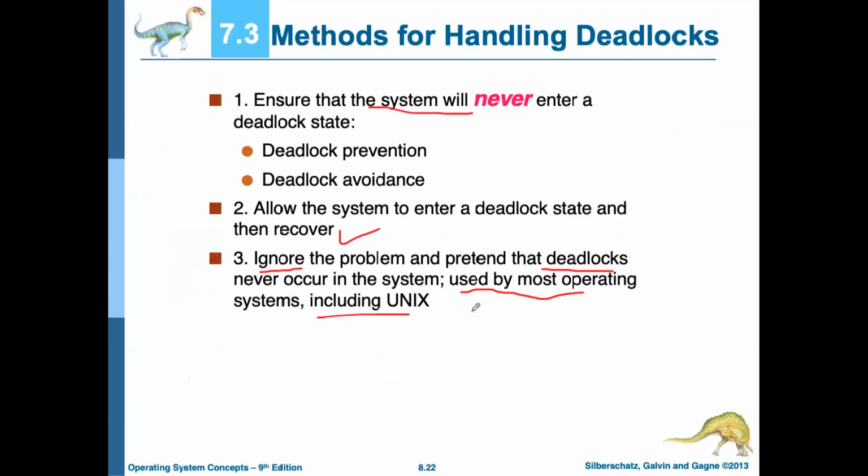So that's why there is a scenario of pretending that deadlock never occurs. It will depend on the system itself, the type of the applications, and the flow; the flow is different, but the system is the same.